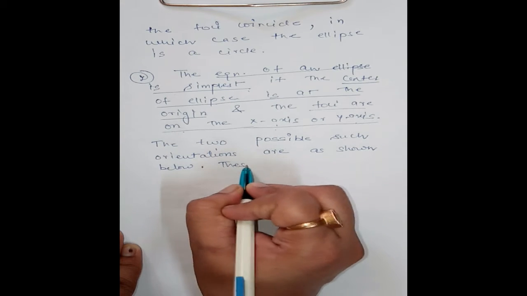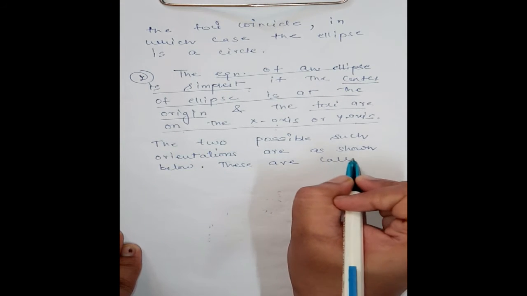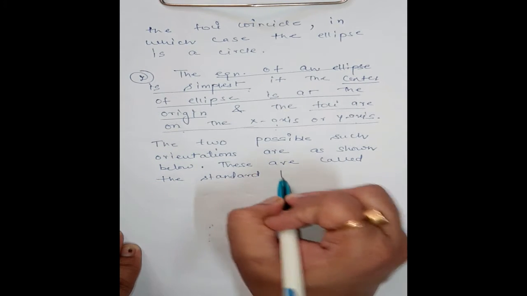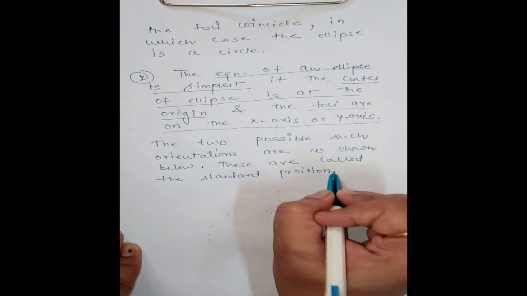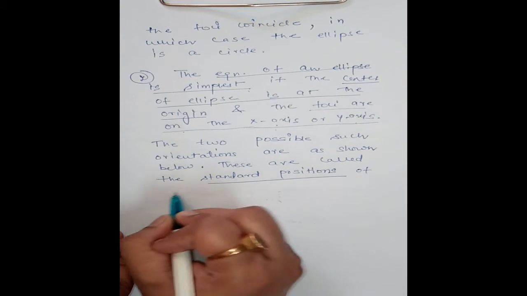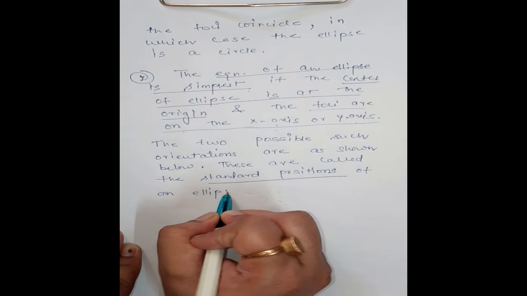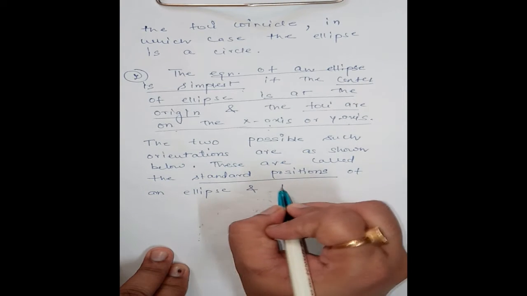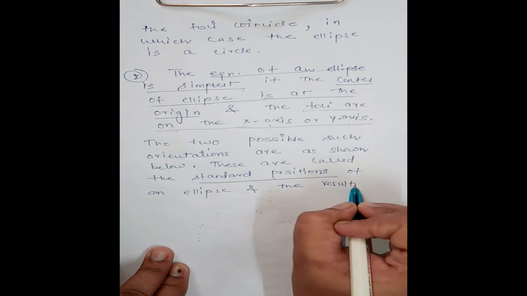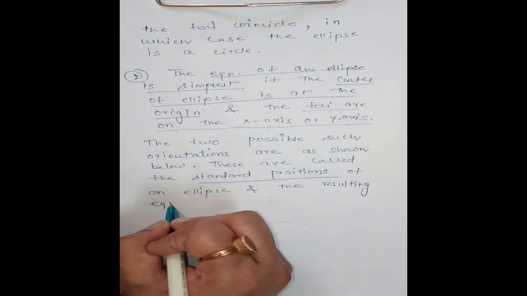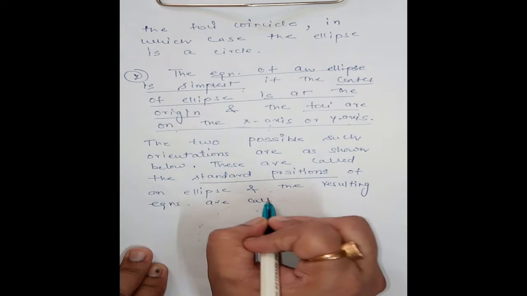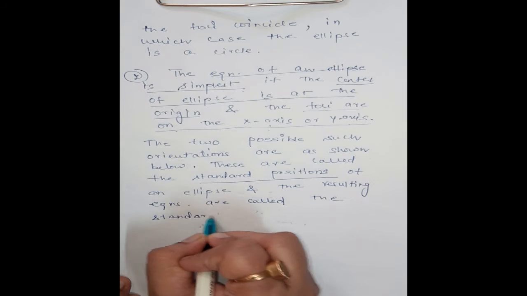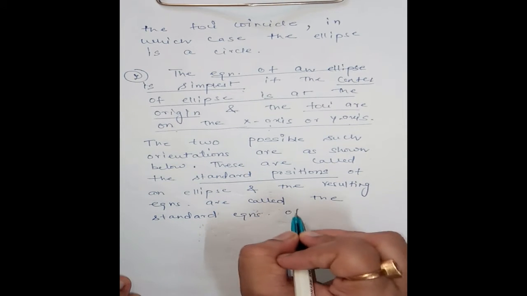These are called the standard positions of an ellipse, and the resulting equations are called the standard equations. Clear? Standard equations of an ellipse.